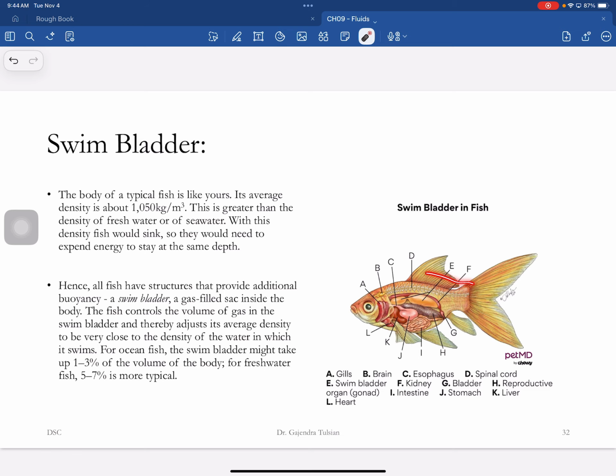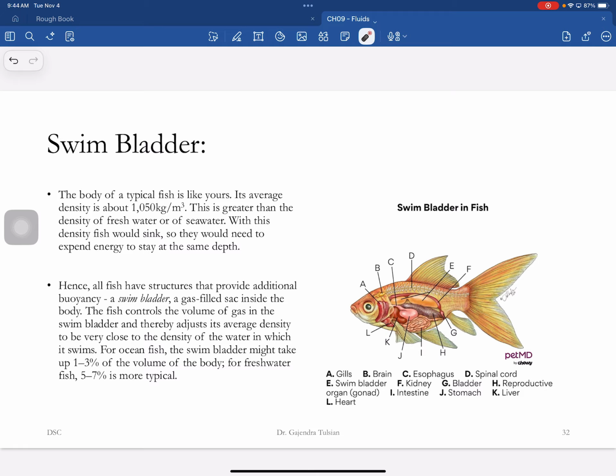All fish have swim bladders to control buoyancy. The body of a typical fish is like yours. The average density is 1,050 kg per meter cubed, more dense than water. If that was the average density, they would constantly sink, and to hover in water they would have to constantly spend energy, and that's not a good strategy.